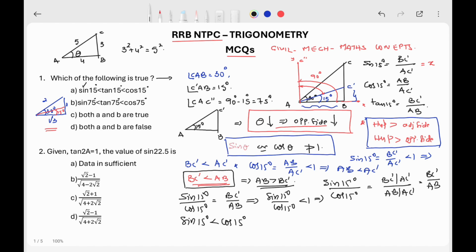That means one relation we have got, that sin 15 is less than cos 15, without finding the real values.